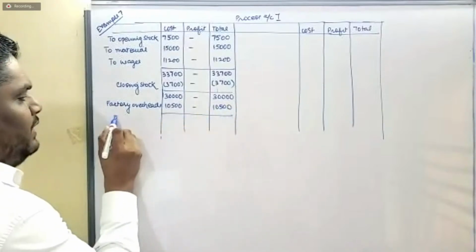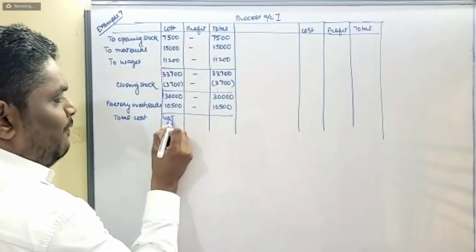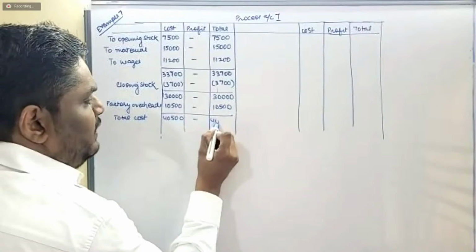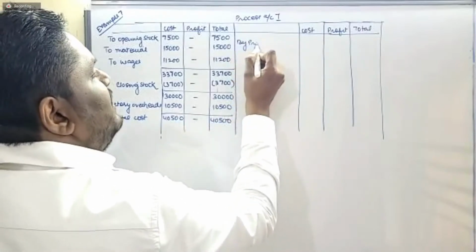So this will be my total cost. 40,500 dash 40,500. Credit side, the transfer to the next process.